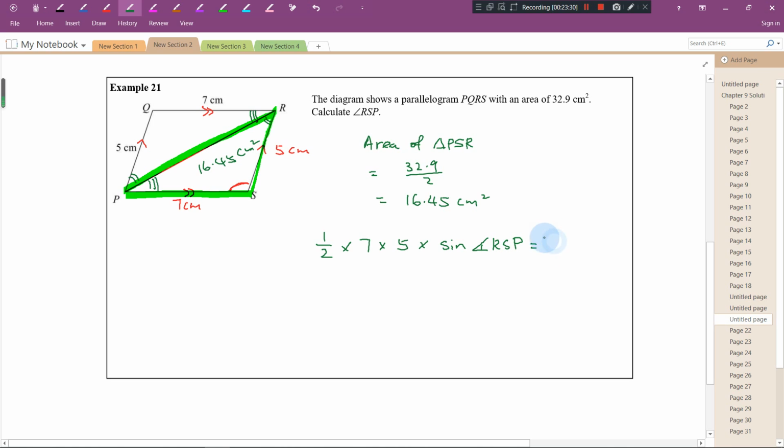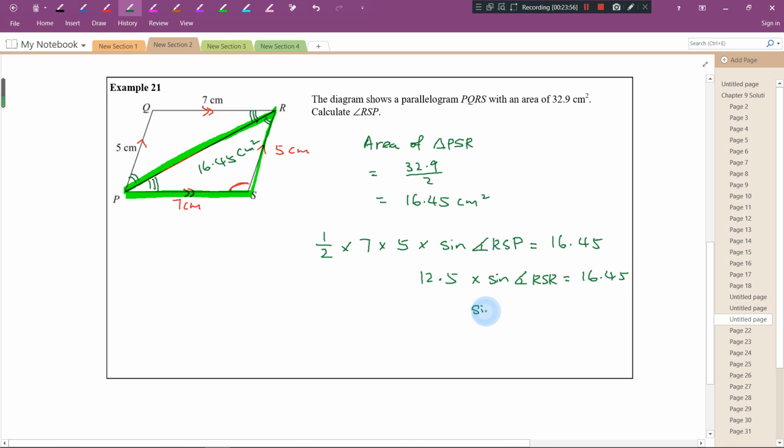Will be equal to the area of this triangle, which is equal to 16.45. Okay, here just press your calculator. 1 over 2 times 7 times 5. You will be able to get 12.5 times sine angle RSP equals 16.45.